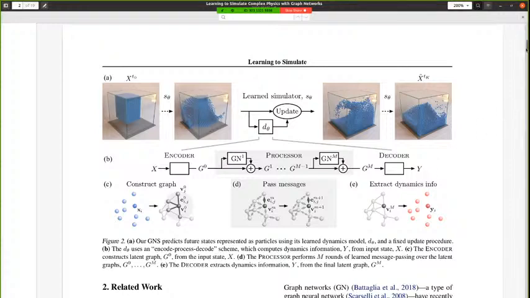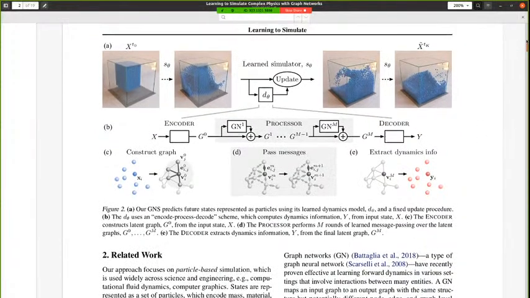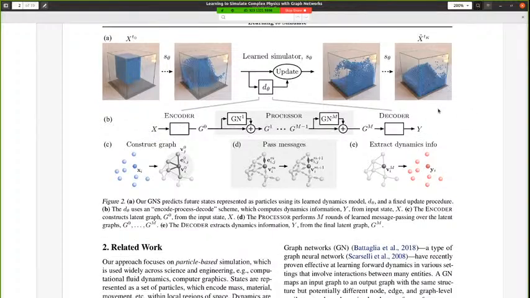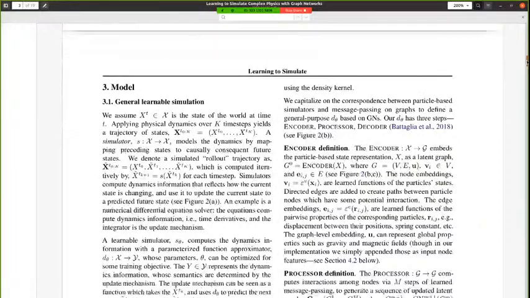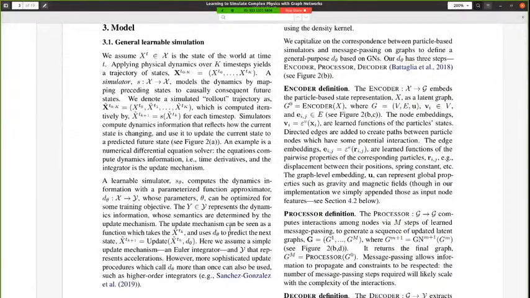And in the context of all this work, the output of the method is going to be directly related to the state change itself. So they're using an Euler integrator. This is a second order method where the output of the neural network is the accelerations of the particles.